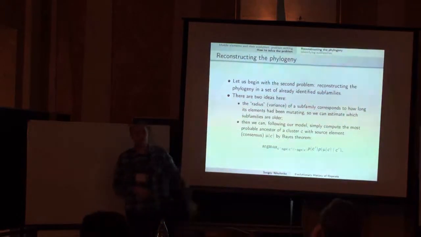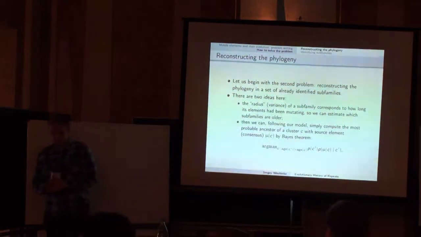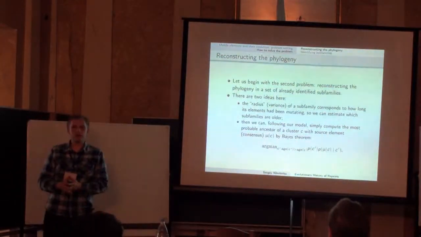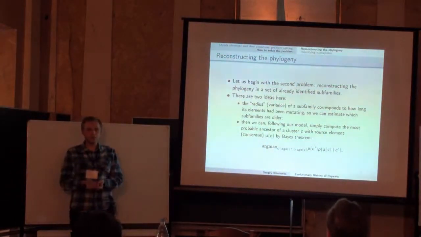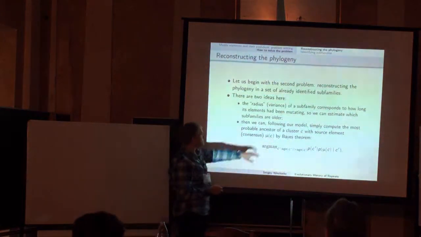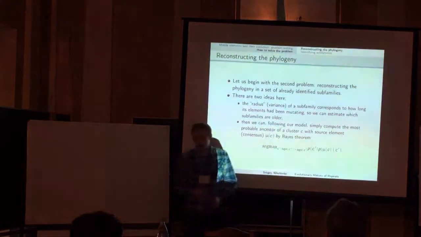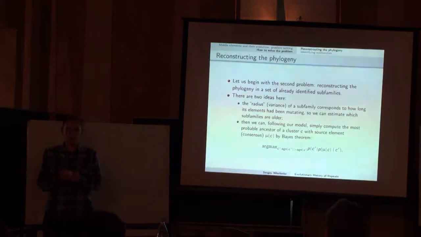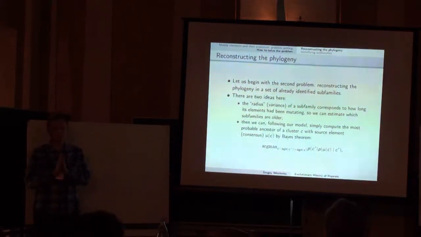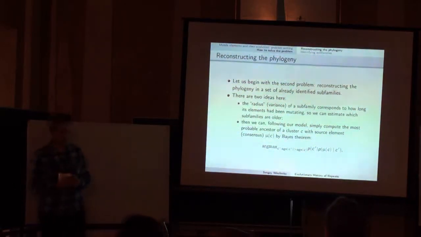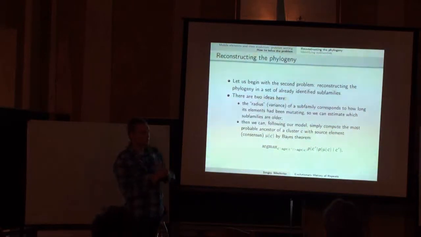The first very simple idea is that if a subfamily is older, then its elements have had more time to randomly mutate. So we can expect that in an older subfamily, its variance, like the radius of this subfamily, will be larger. So we cannot make any statements about the actual age in millions of years, because the rate of evolution changes all the time.